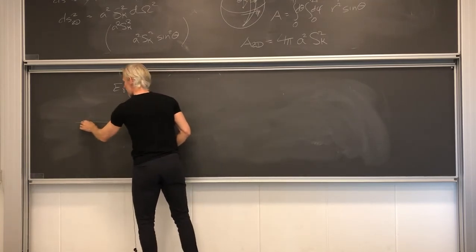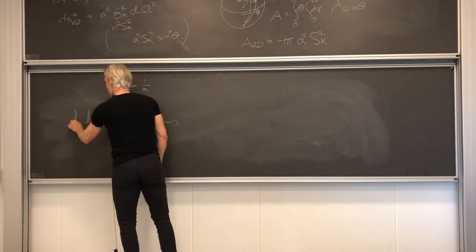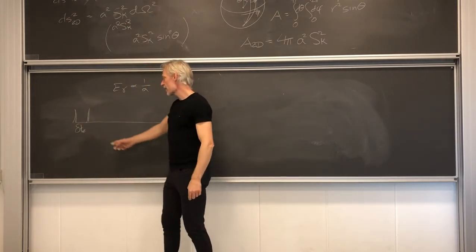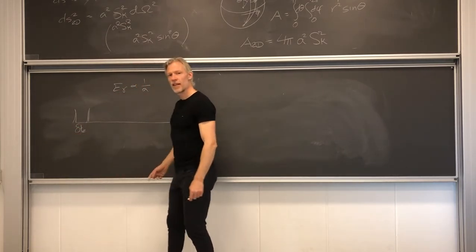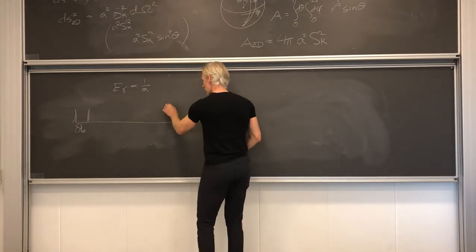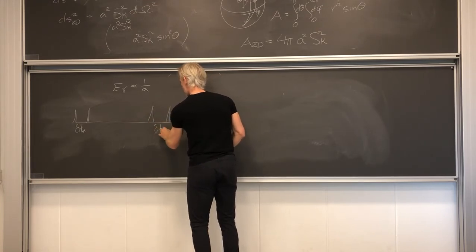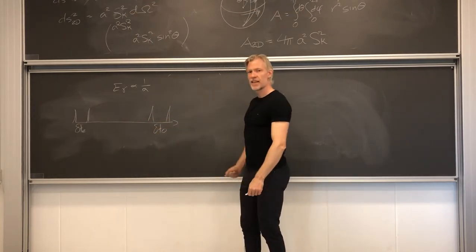So let's imagine that over here at the source, some light pulse is emitted, and then a little bit later, some other light pulse is emitted. And let's say that the distance in time between these two is delta T_E. Now those two light pulses propagate towards the observer, which they hit over here. And at this point, the distance between them is delta T_0.